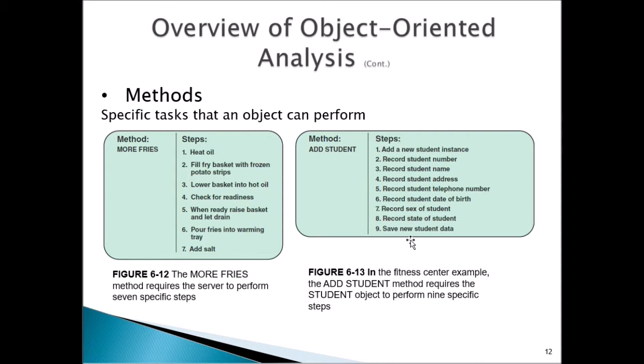Let's look at this one. There's add a new student instance, record a student number, record a name, save new student data. One thing I can see that's not on here is a method for student name change. If a student gets married or something like that, that could be a method that would be necessary. So, specific tasks that can be performed.